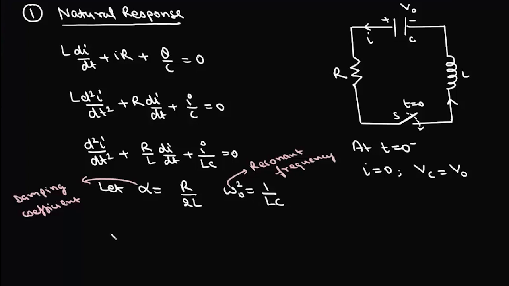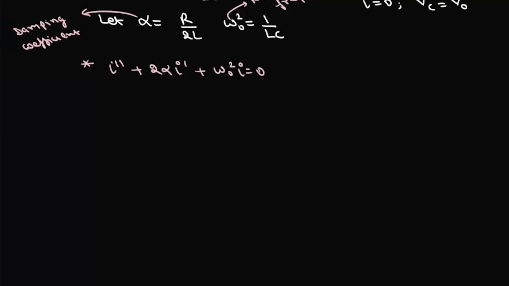We can write this equation as I double dash plus 2 alpha I dash plus omega naught square I equals 0, and this is nothing but a second degree homogeneous linear differential equation. Now we know how to solve it.